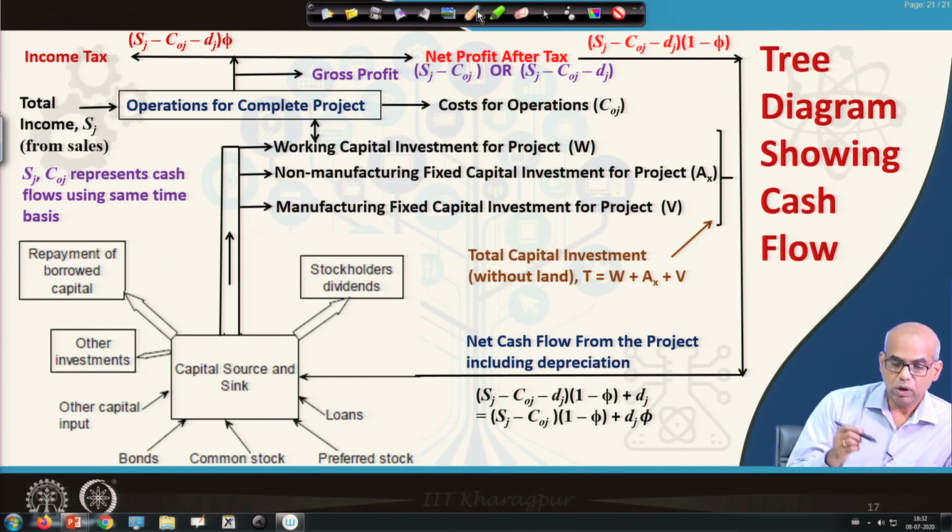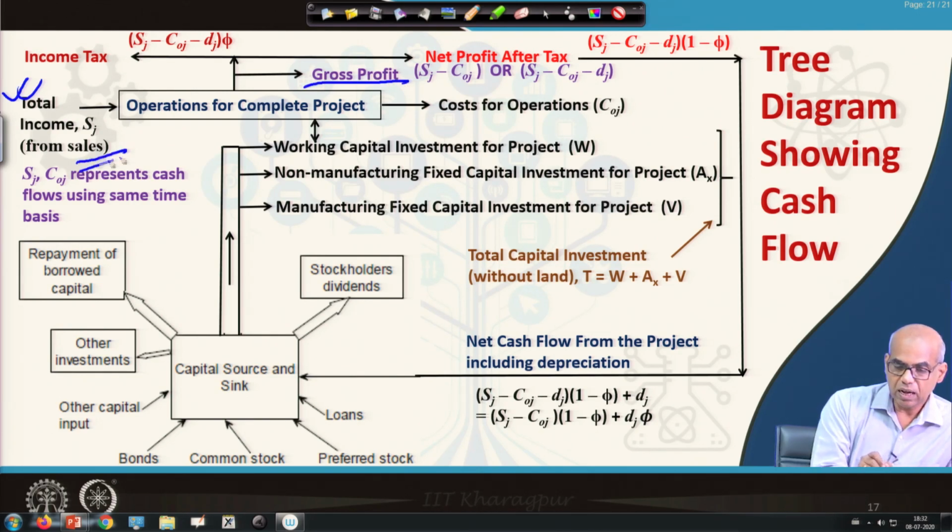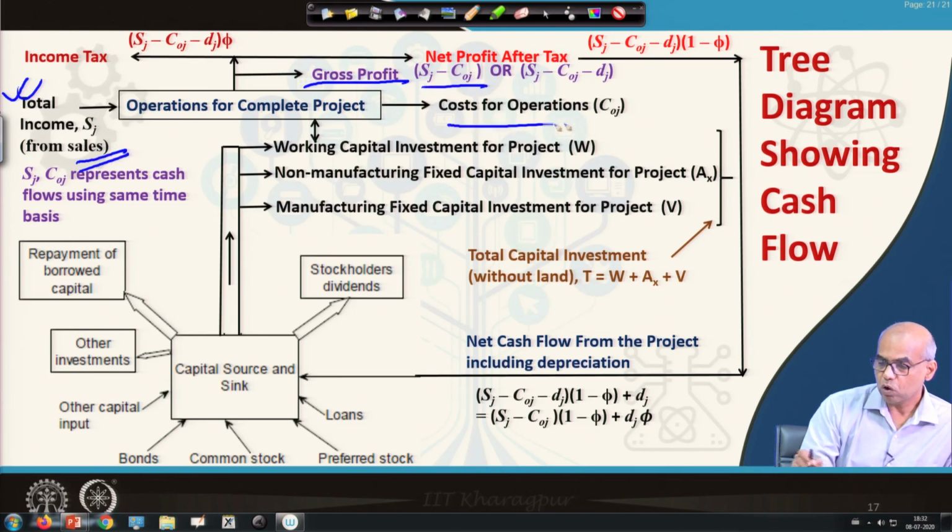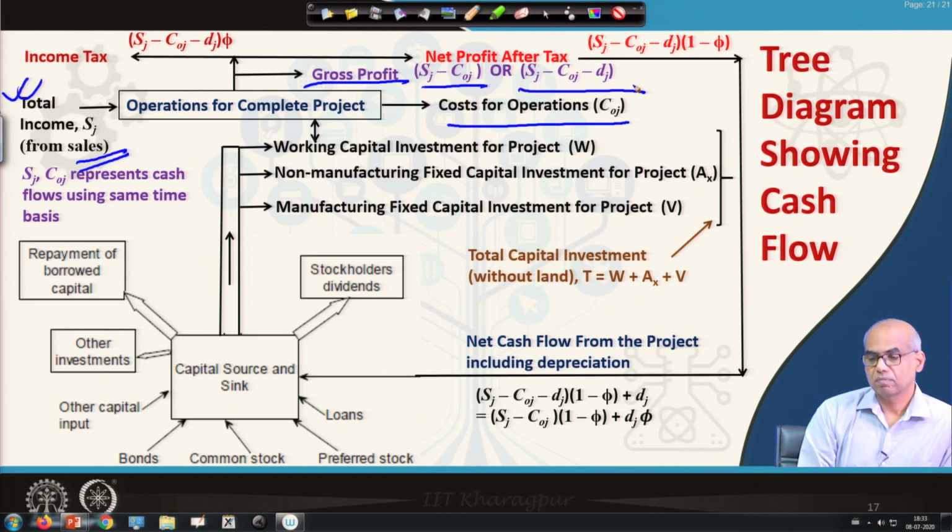Now, once operation starts, you have income and then you have gross profit, which is the income minus the cost of operation. Here depreciation is not included, and if you include depreciation, then it is sales income minus cost of operations minus depreciation. Now, you have to pay tax. So, you include depreciation and then pay tax at the rate of 5.